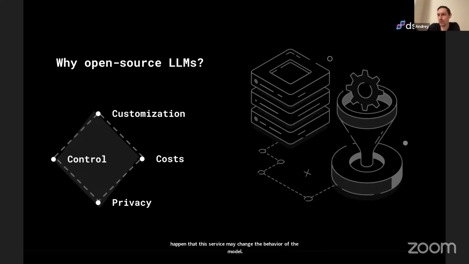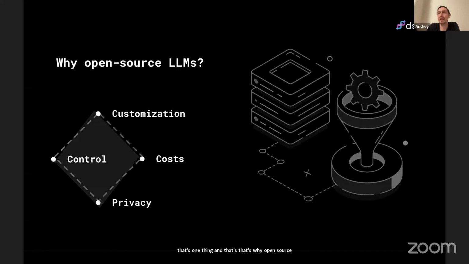And imagine that your business depends on the behavior of the model. The behavior may change at any time, and you risk basically to lose control over your business. So that's one thing, and that's why open source LLMs are a game changer here.